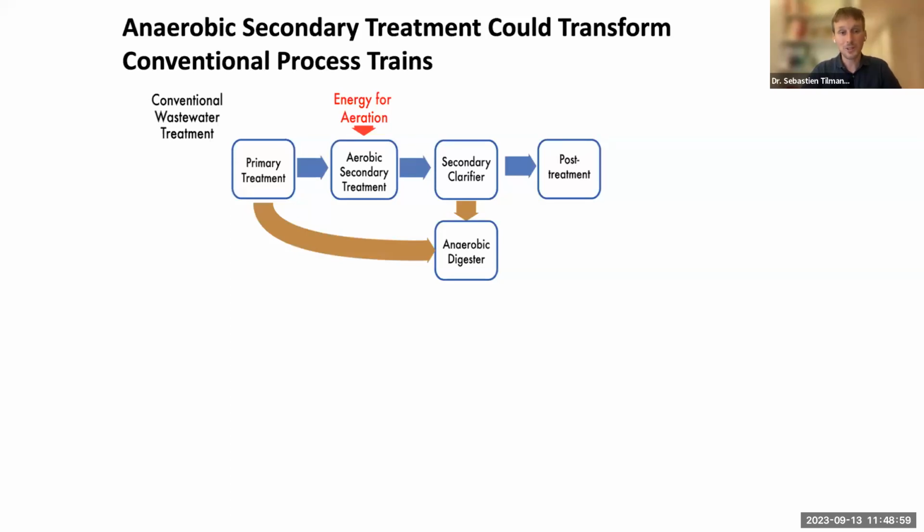Any material that will sink to the bottom of the tank can get sent to anaerobic digester for energy production, but the rest of the water flows on to aerobic secondary treatment, where we blow air into the water to allow aerobic bacteria to consume the remaining organics. We settle out those bacteria in the secondary clarifier, send those also to the anaerobic digester, but we don't get to recover a lot of the energy in that set of secondary solids coming from the secondary clarifier. Then the water goes on to post-treatment.